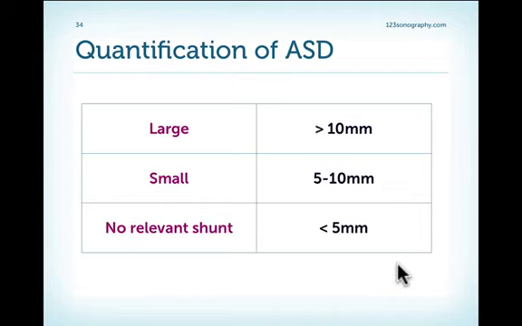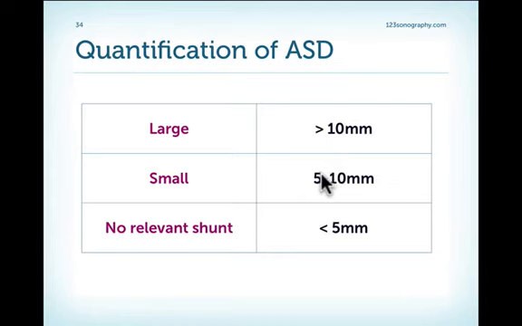So how would we quantify ASD? By just looking at the size of the ASD. As I mentioned before, it does not really give us an idea how much shunt we have, but in a patient without any other abnormalities, we can expect that as soon as the diameter reaches 10 millimeters or more, we will have a significant left to right shunt.